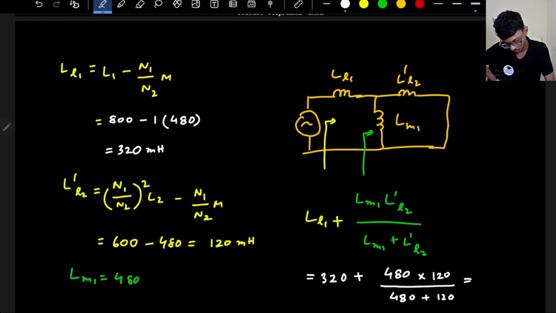This value comes out to be 96. 96 plus 320 is 416 millihenry.